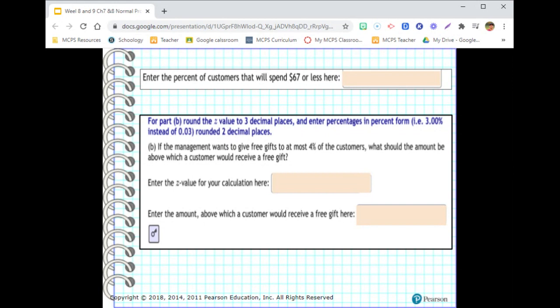First, we need to find the z-score for an area to the right of that z-score, which is 4%. So treat that as our area of the curve. Change your given percent to 0.04, and this is going to be the area to the right.